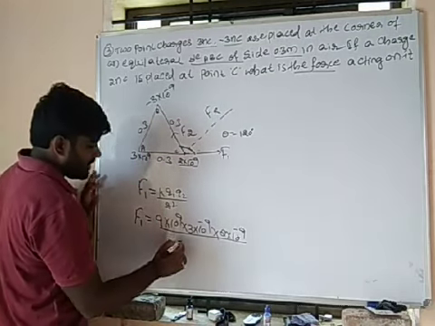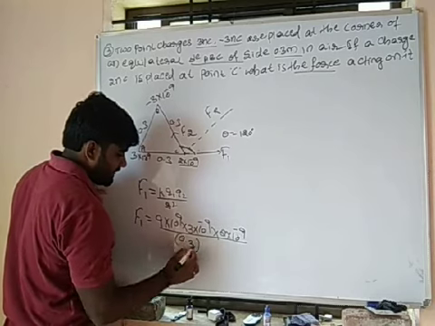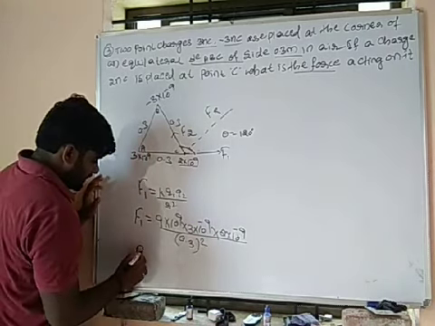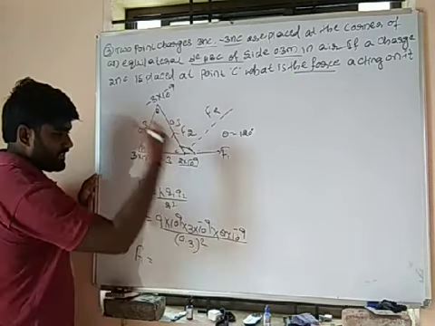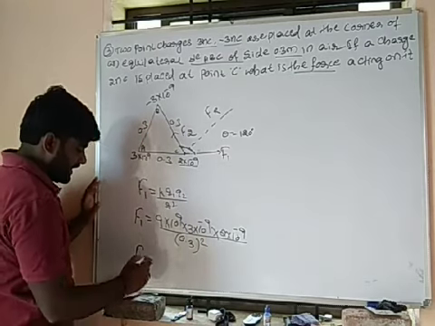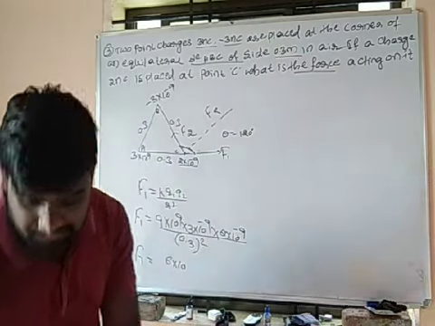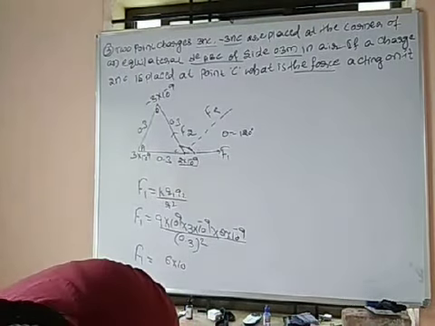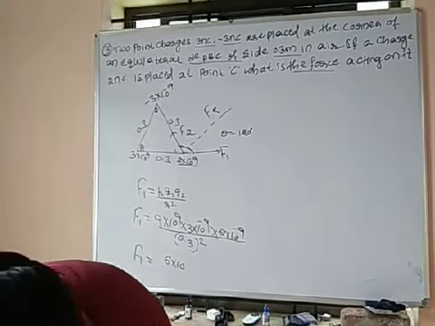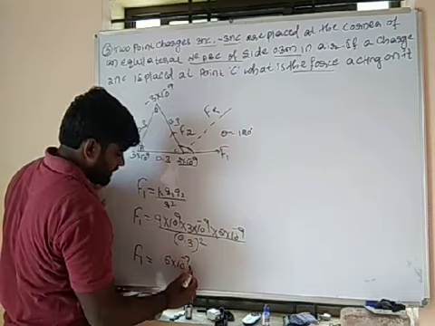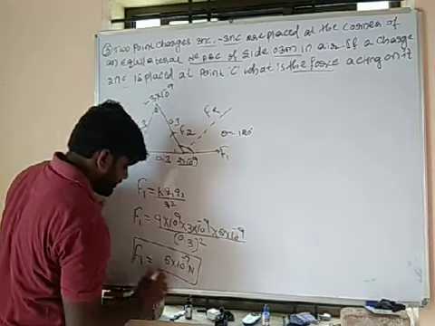R square will be 0.3 its square. Then after calculating the whole thing, we are getting F1 is equal to 6 into 10 to the power minus 7 Newton. Just calculate by using calculator.